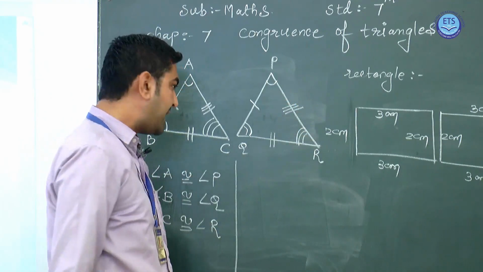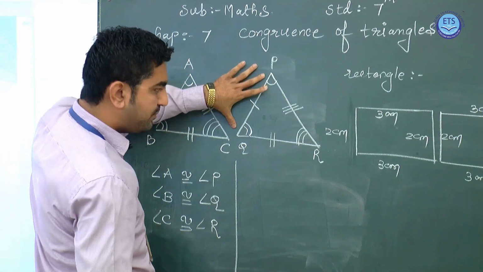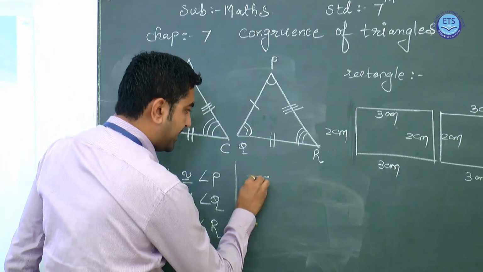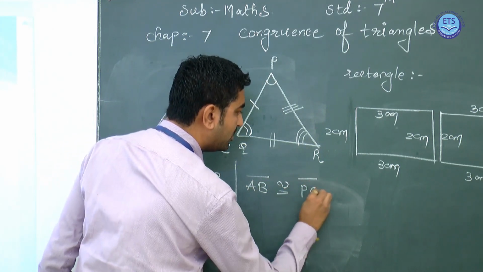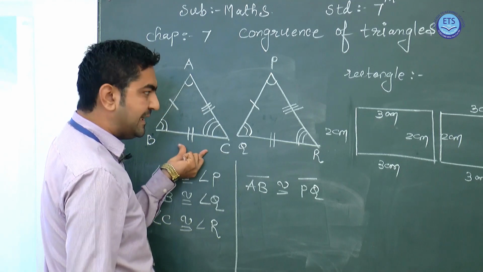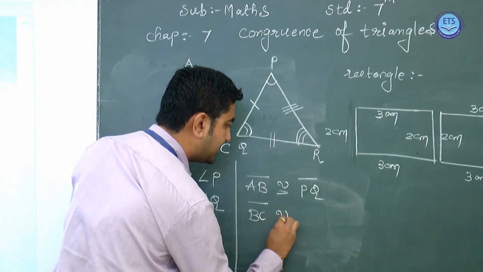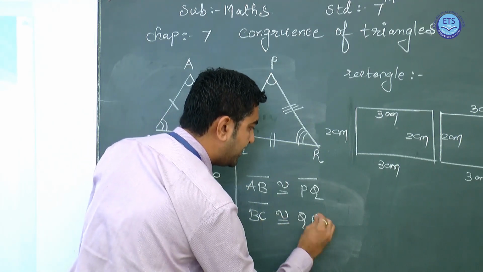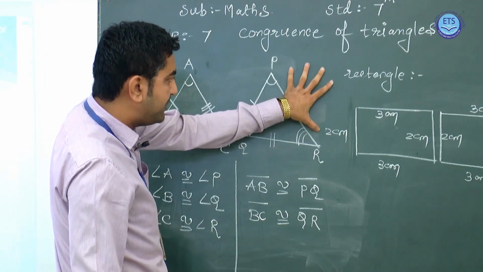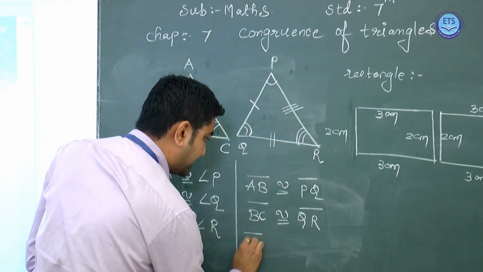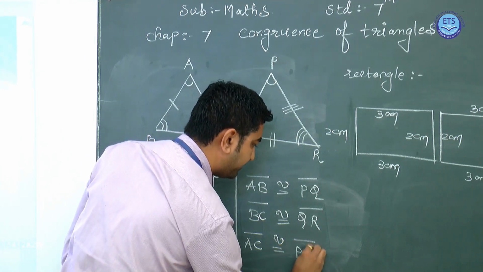So you should write line segment AB is congruent to line segment PQ, line segment BC is congruent to line segment QR, and line segment AC is congruent to line segment PR.